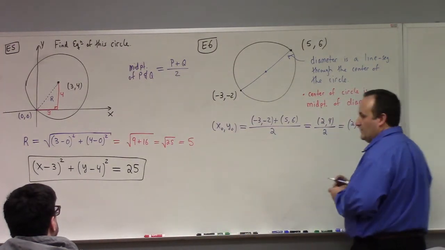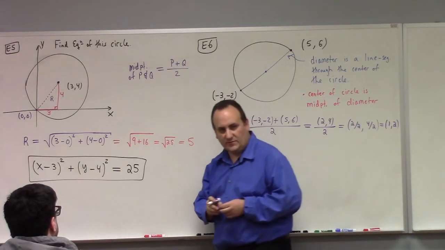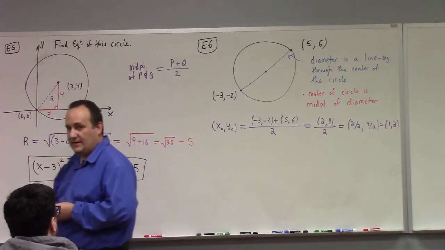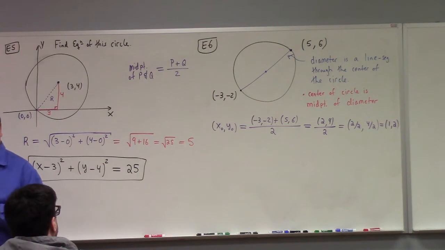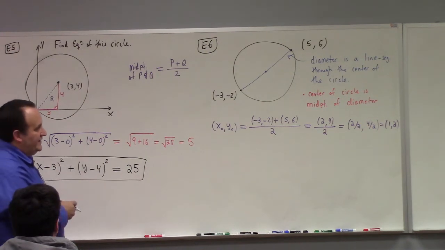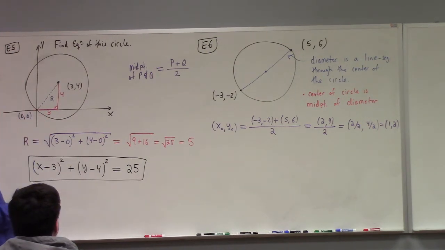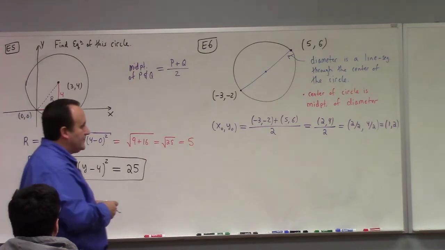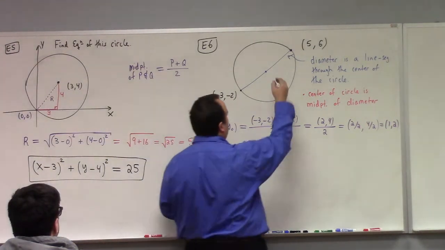I'm not disagreeing: one of you said you take the average of the x's and the average of the y's to find the midpoint. You're absolutely right. I'm just packaging that formula in terms of adding points and dividing a point by 2. So 1 is the average of the x's, 2 is the average of the y's in the diameter. Aha, so the midpoint is 1, 2.